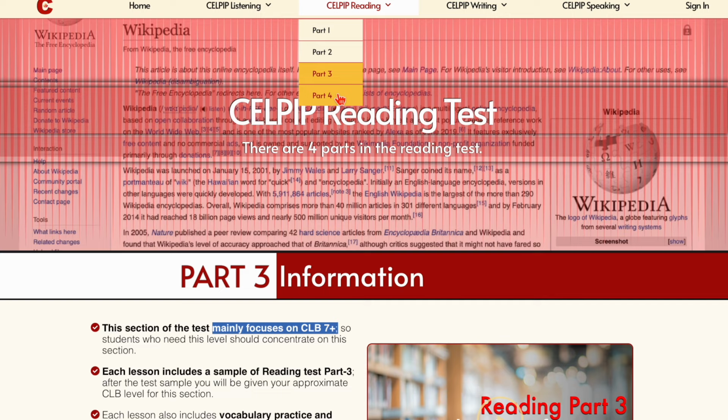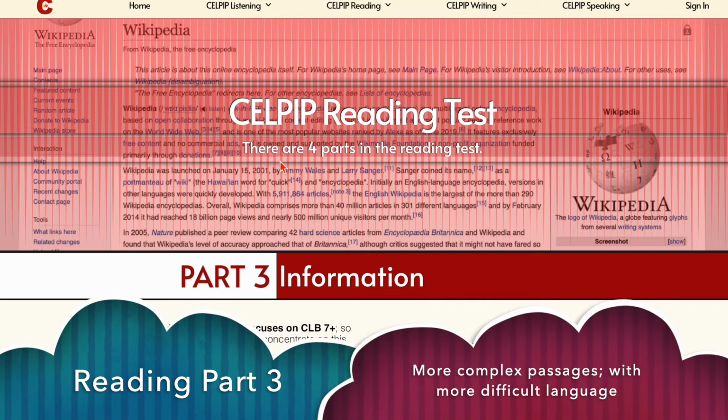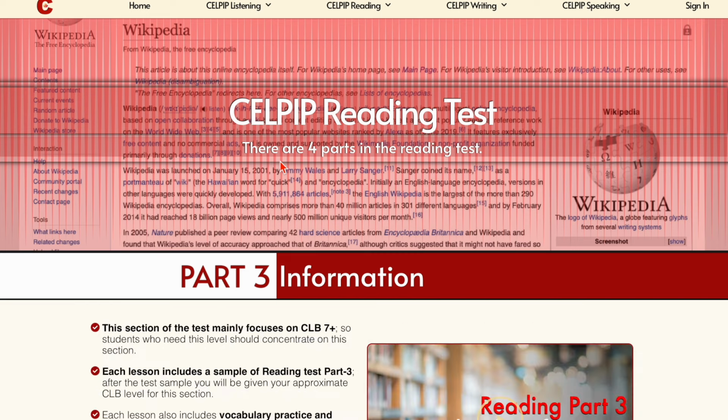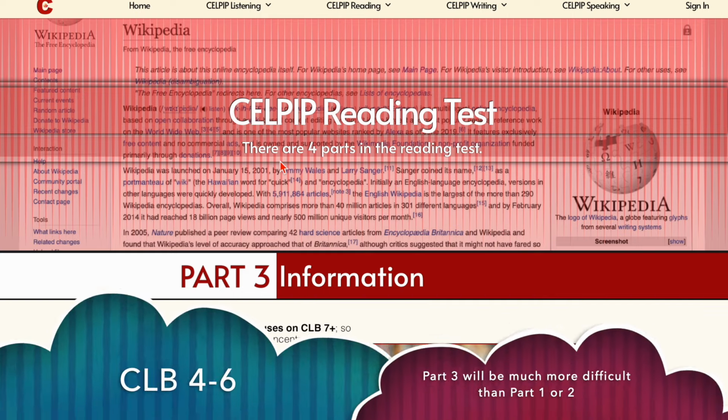That means the complexity of the text is more difficult and the questions can be more difficult. There's more time pressure, and students that have higher knowledge will do better in this part. If you need CLB 4, 5, or 6, this part could be more difficult for you.